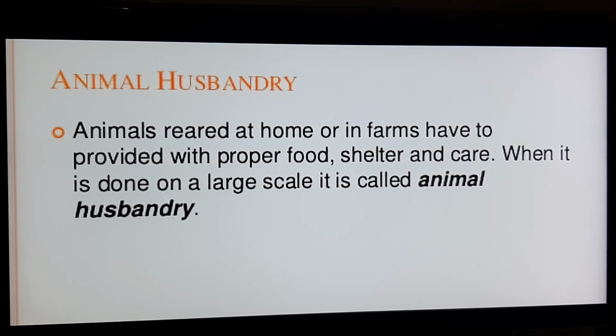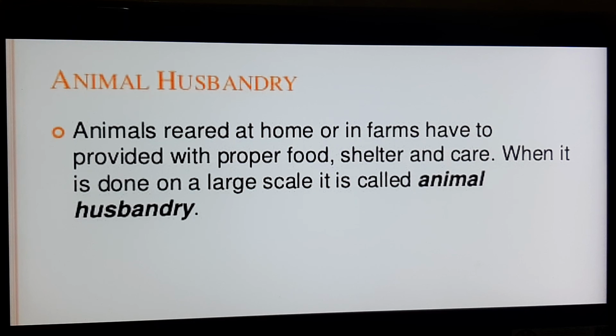The next slide is animal husbandry, the last point of the chapter. Animals reared at home or in farms have to be provided with proper food, shelter and care. When it is done on a large scale, it is called animal husbandry. Some animals are reared at home, and some are reared in the farm.